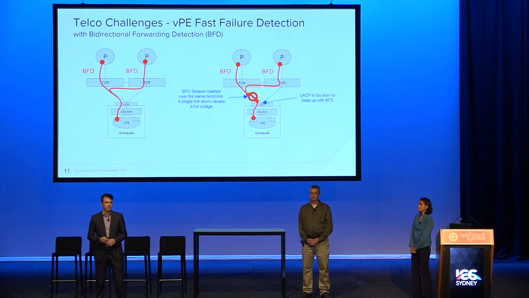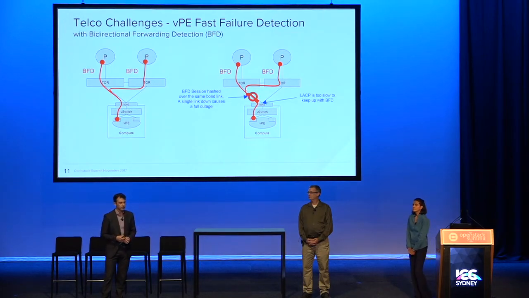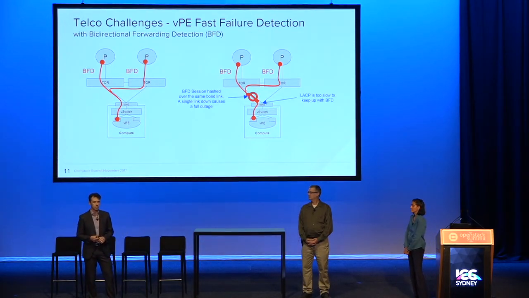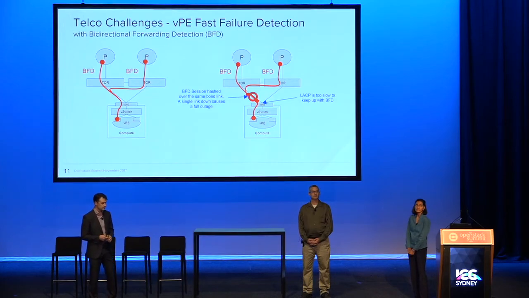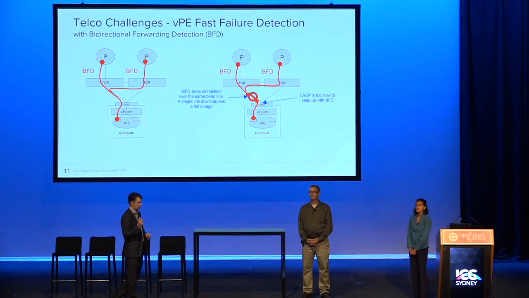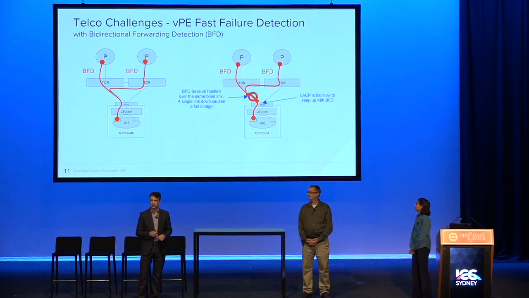One of the other options that we typically turn to in networking is an overlay protocol, and one of the key ones that we like to use is BFD, or bidirectional forwarding detection. Essentially, this is a very fast hello that goes between the two endpoints that you want to control.